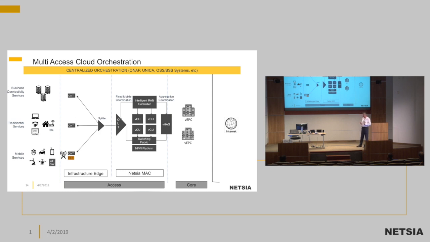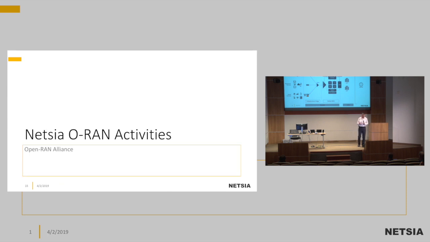So we already created a closed loop control over slice reconfiguration. But then later our customers wanted us to integrate with an OSM-based Unica orchestrator. Now we are more deeply integrated with the OSM-based orchestrator, and we are still working on that.